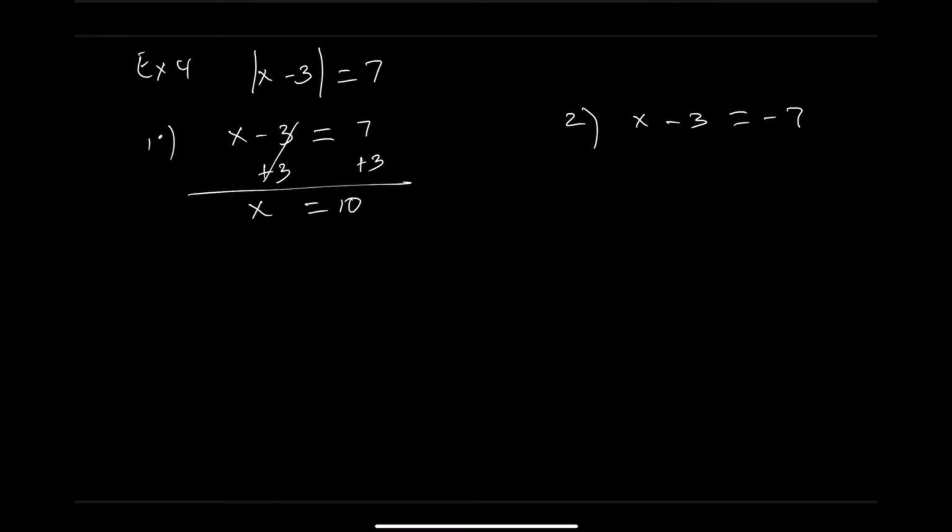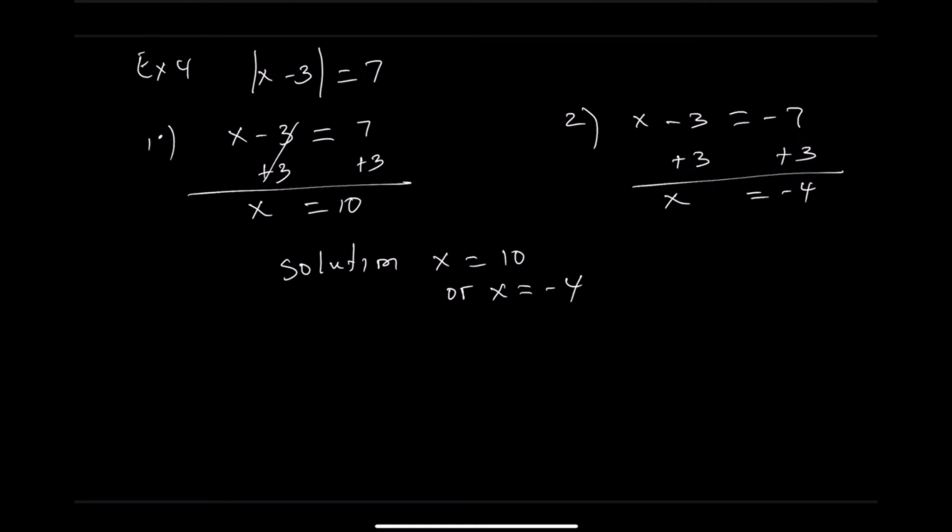X equals 10. For the second one, add 3 to both sides. X equals -4. So the solution is x equals 10 or x equals -4.